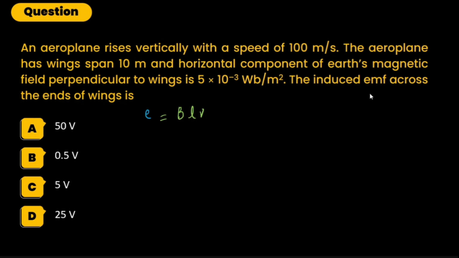So when a flight lands, it doesn't let passengers exit right away. It takes 5, 10 to 15 minutes to get everything settled in terms of the excess charge on the surface of the flight.